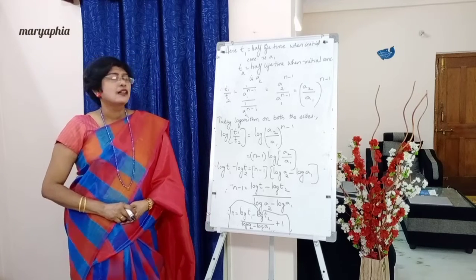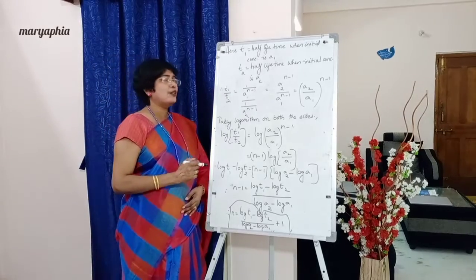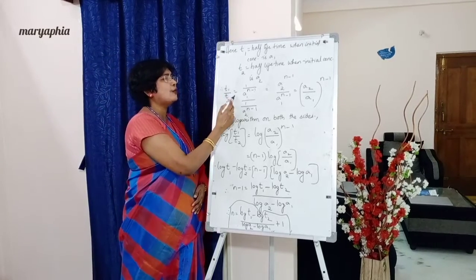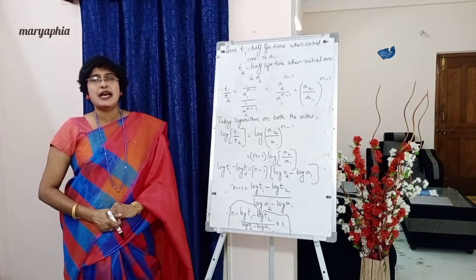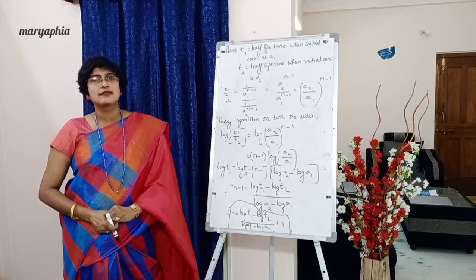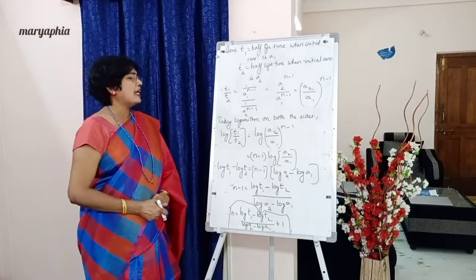Therefore the equation will be, students, t1 by t2 is equal to a2 by a1 whole power n minus 1. Written?